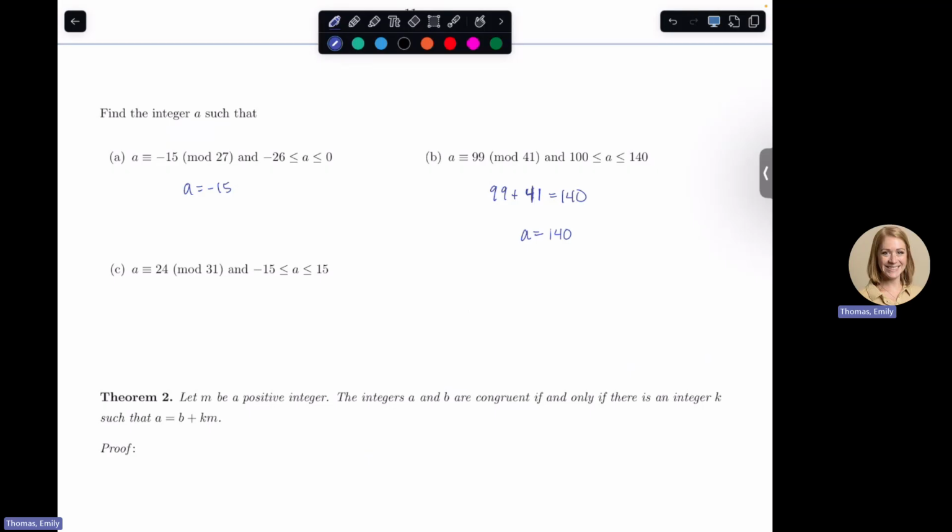What is that remainder mod 41? Let's talk about what mods are. What is 99 mod 41? It's the remainder when you divide by 41. So that's 82, and 99 minus 82 is 17. So mod 41, 99 is equal to 17.